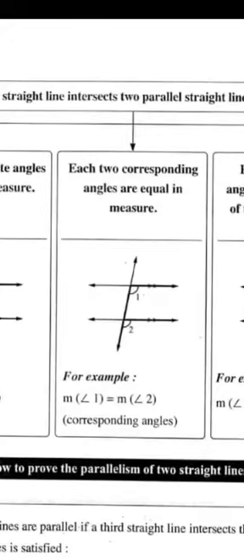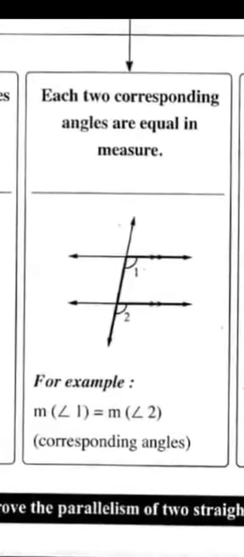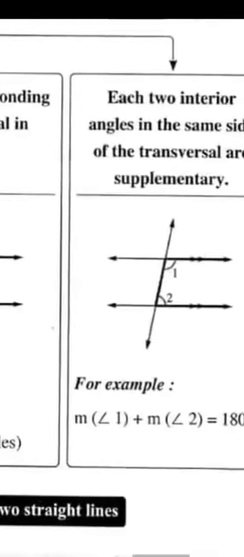We can recognize these two corresponding angles when they make the letter F. In this figure, we can find measure of angle 1 equals measure of angle 2 because these two angles make the letter F, and we say these angles are called corresponding angles.